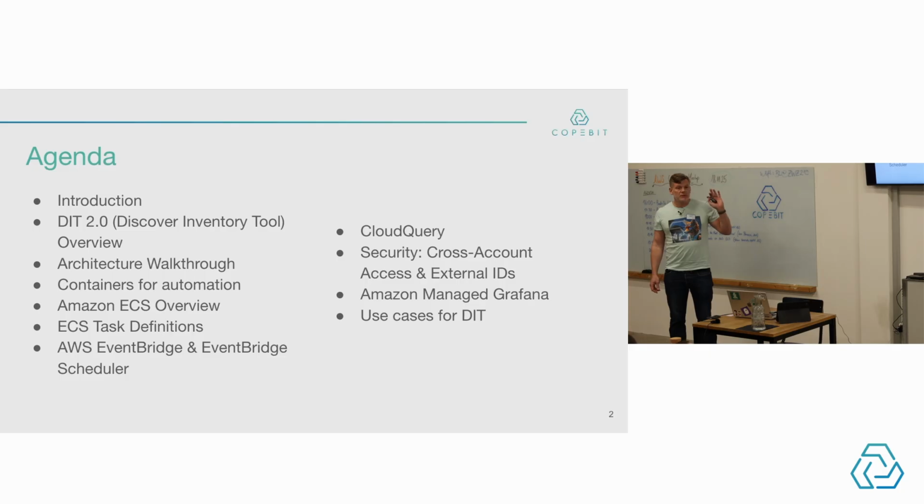So, talk quickly on the side about containers for automation, Amazon ECS overview, task definitions, EventBridge and EventBridge Scheduler, CloudQuery, which is a tool to gather data about inventory resources in AWS accounts or other cloud providers, how to connect securely between different AWS organizations and accounts, and also Amazon Managed Grafana.